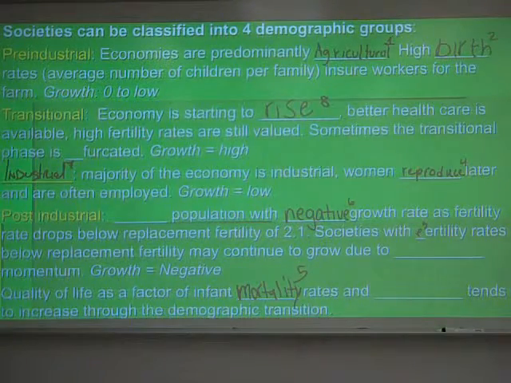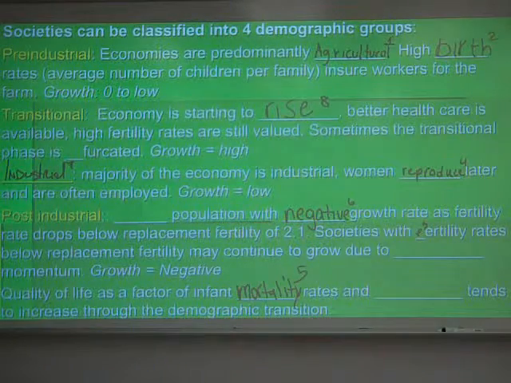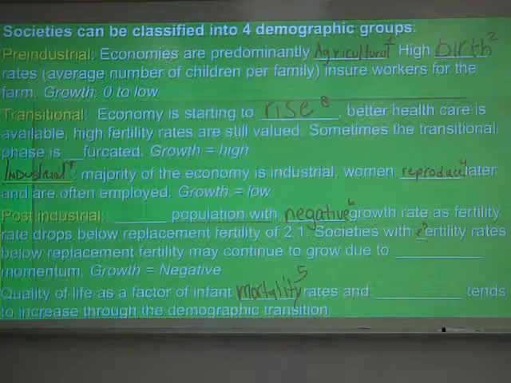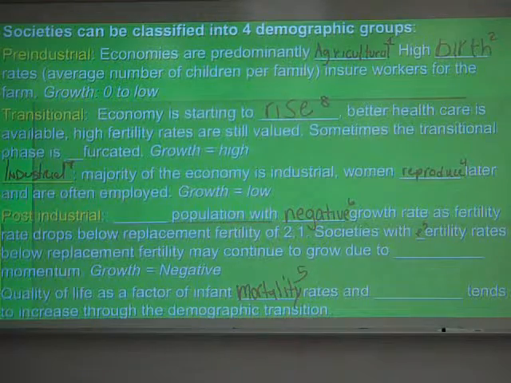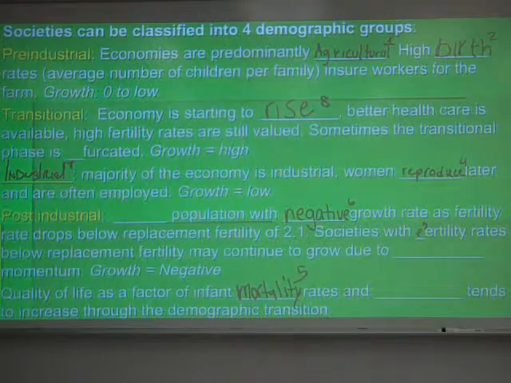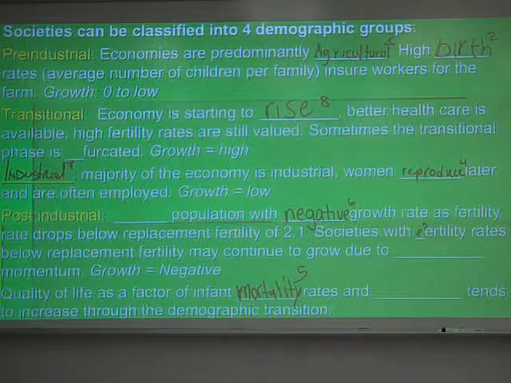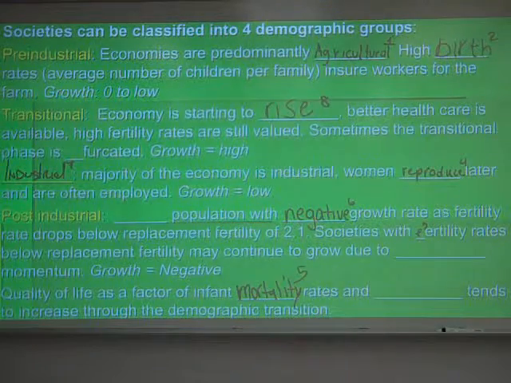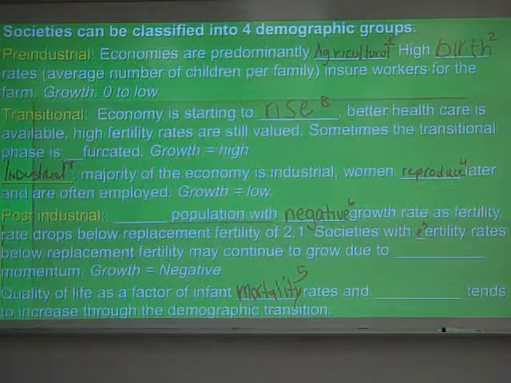Okay, so as mentioned before, there are certain things that determine what kind of age structure a population is going to have, and therefore how fast that population is going to grow. Sociologists have determined there to be basically 4 phases that a society will go through as its economy shifts, particularly away from agriculture.